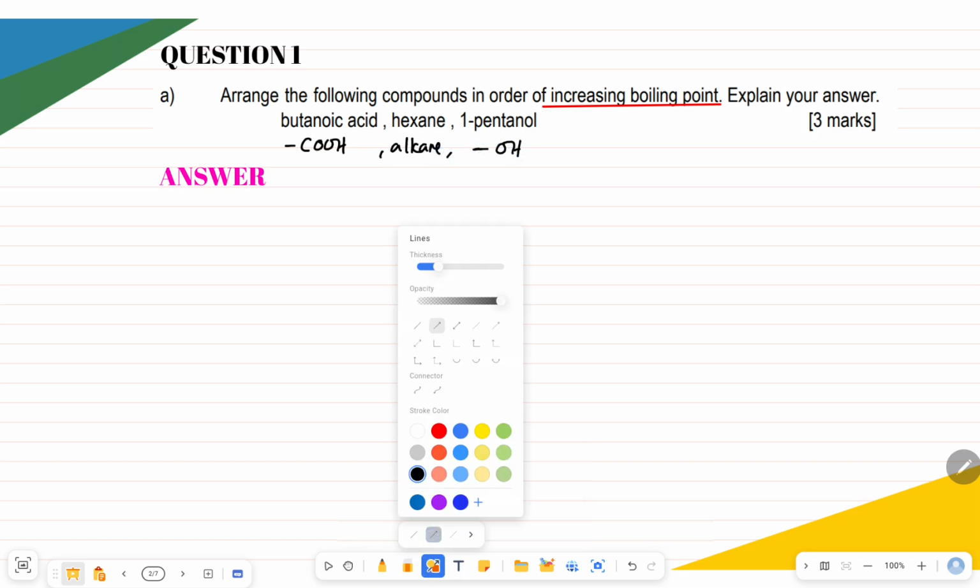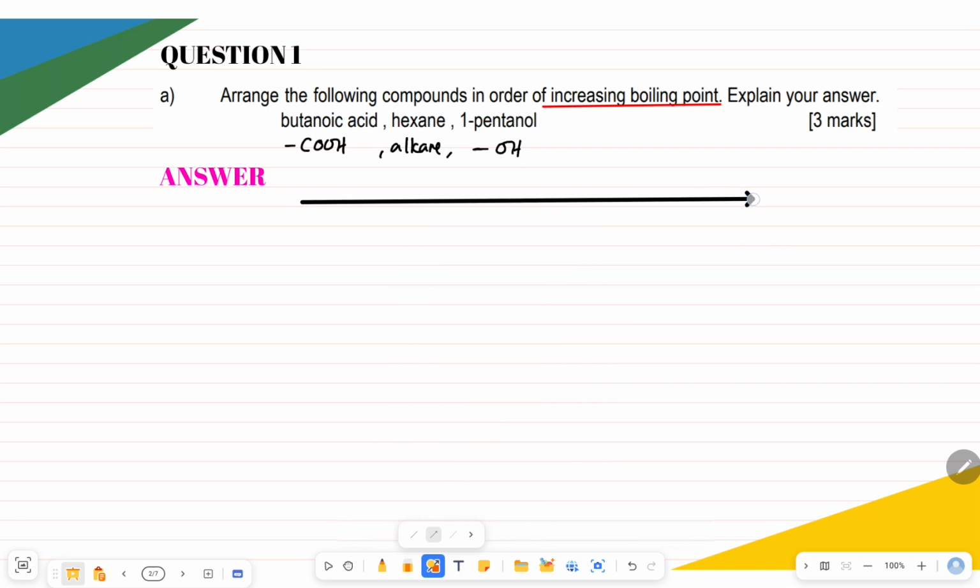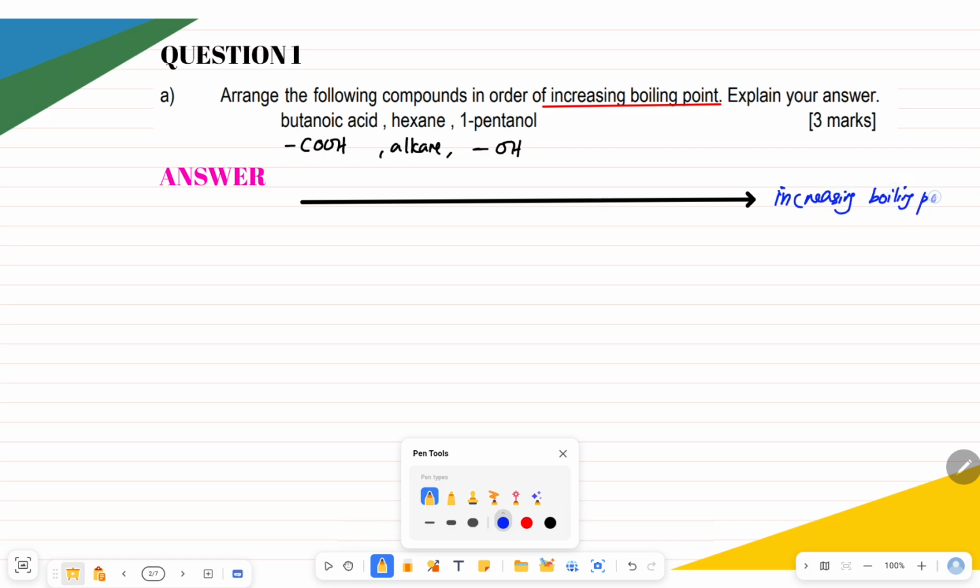So in order of increasing boiling point, you have to know that you are arranging from lowest boiling point to the highest boiling point. So make sure you are not confusing this order. Okay, so the lowest boiling point is the one that has no OH at all.